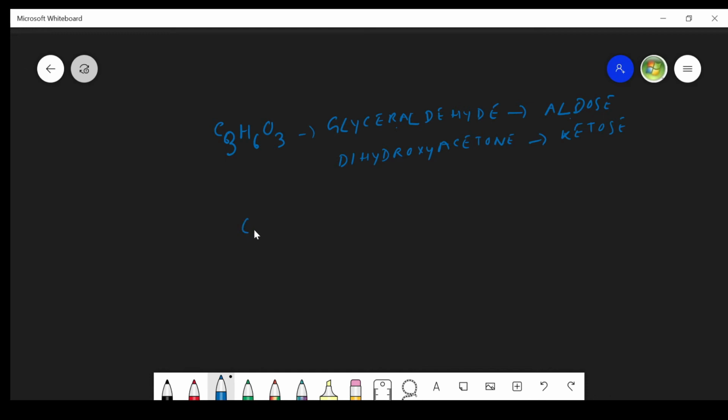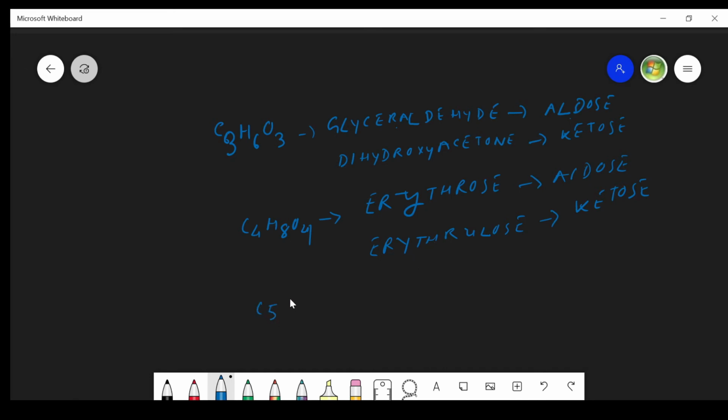Another example, C4H8O4. This is an example of tetrose sugar. If it is aldose, we call it erythrose. We call it erythrose if it is an aldose. And if it is ketose, we call it erythrulose.